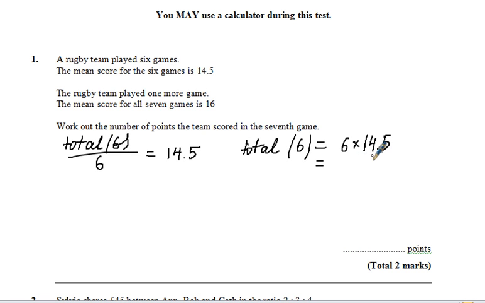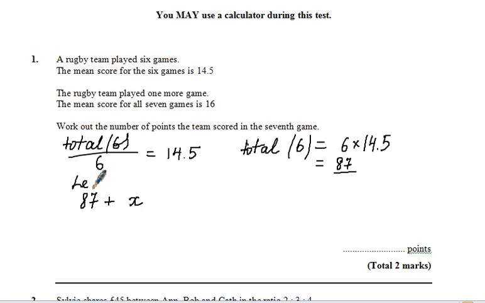So 60 plus 24 is 84, plus 3 is 87. So that's the total for the 6 games. Then they say that there was one more game. So after they've got altogether 87 points, they played one more game that, let's say, was x.